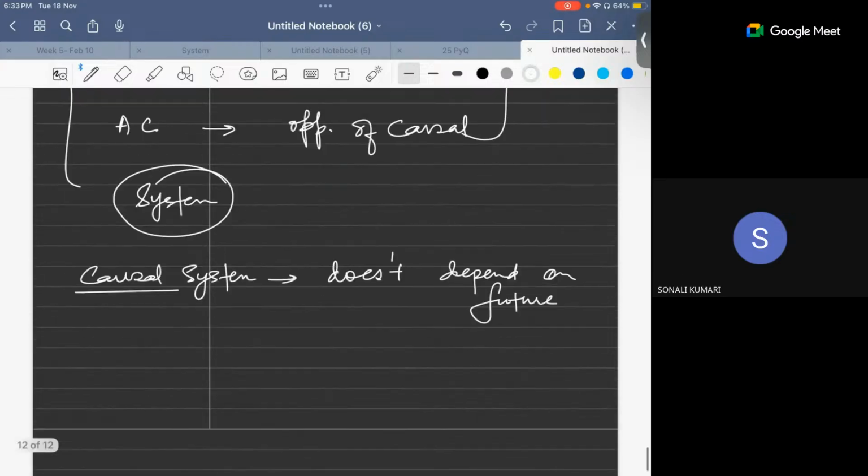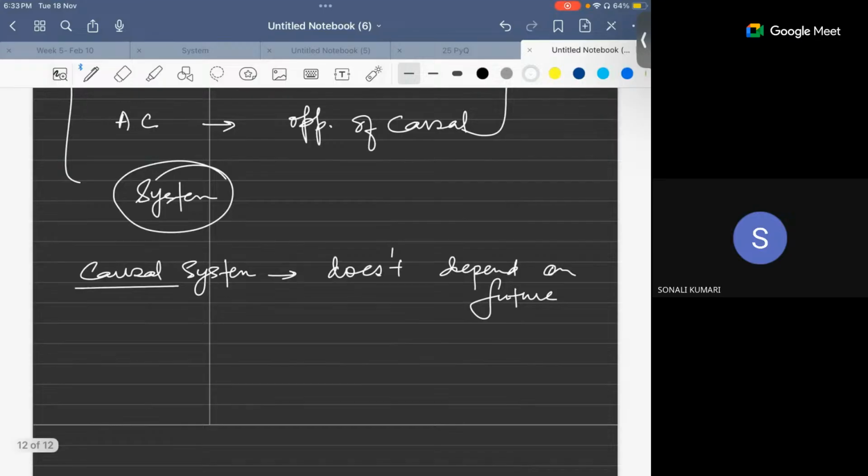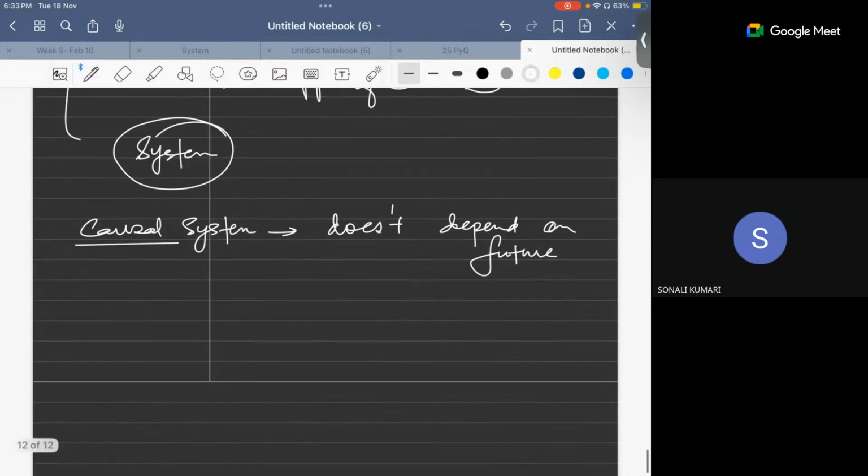But when we talk about systems, there's a different definition for a causal system. The causal systems are those systems that don't depend on the future. So there is no dependency on the future. That means it can be present or past or both.